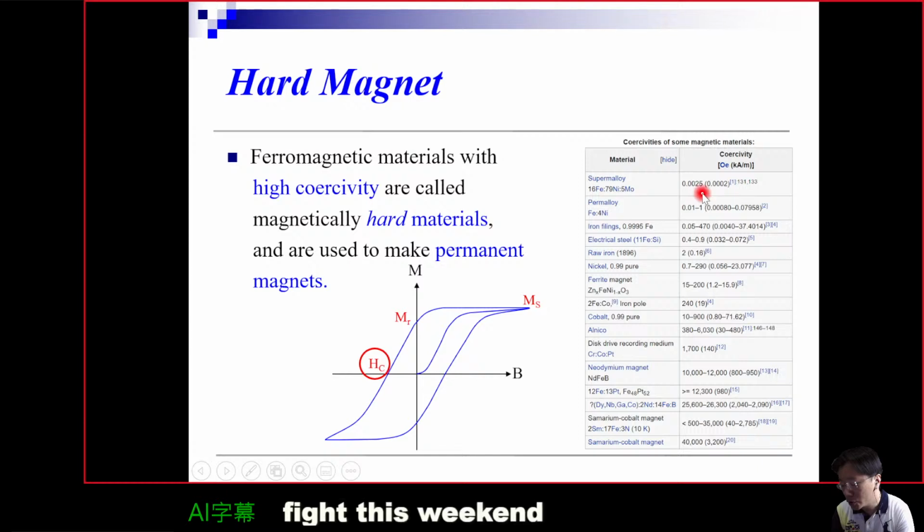Compared to the magnetic field of the Earth, the magnitude of the Earth's magnetic field would be 0.38 Gauss in Zhongli area. This gives you a very brief concept that the coercivity of supermalloy is only about 1/10 of the Earth's magnetic field.